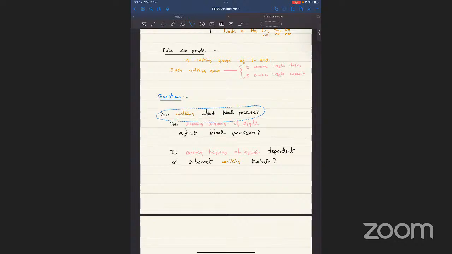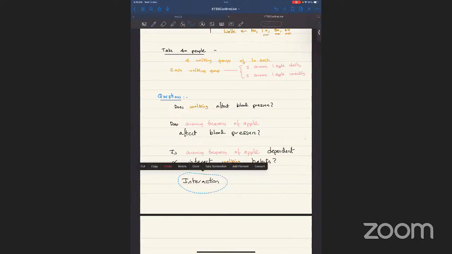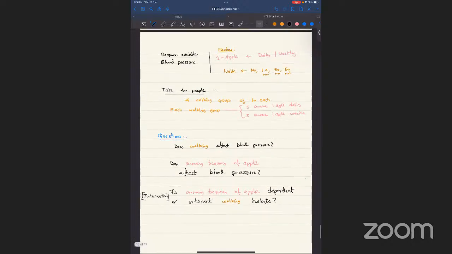So this is the interaction effect, and this is the individual ones. This is what one would consider a two-way ANOVA.